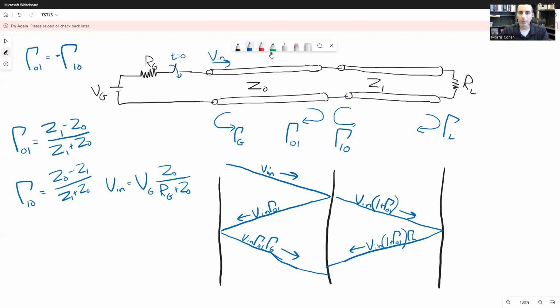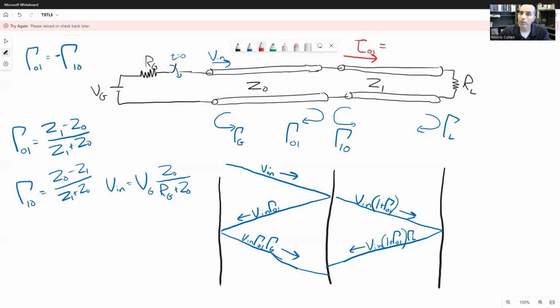So another way to look at this is, this gamma 0,1 represents the reflected wave for a wave that comes from Z0 and strikes this boundary. But there's also what we might call a transmission coefficient, tau 0,1, which tells us what's the voltage wave that's sent into the next transmission line, given what has come in.